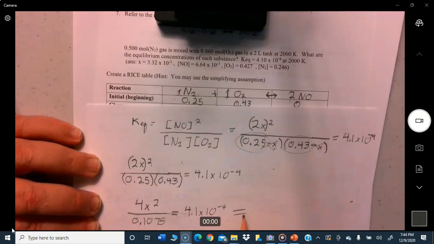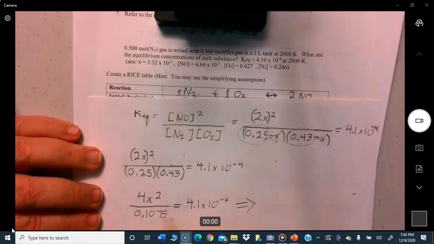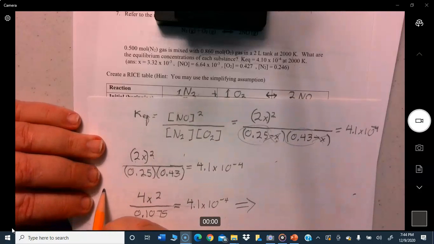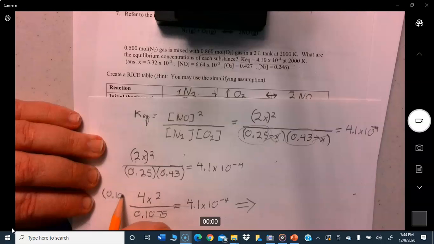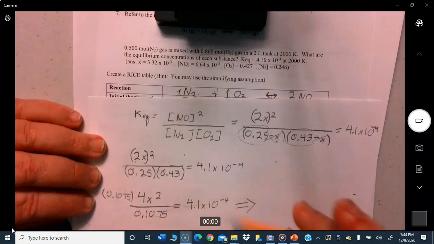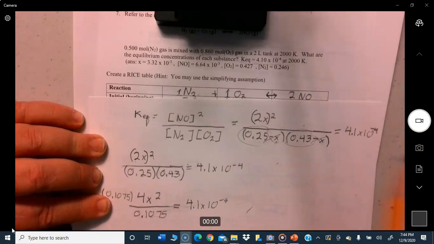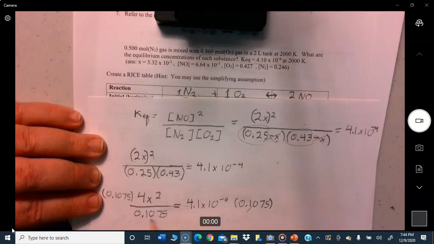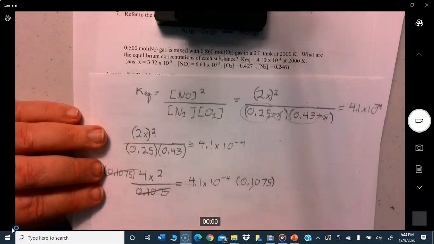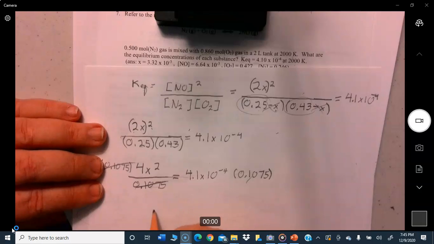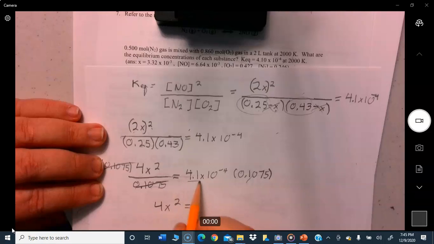Okay, I'll just continue my calculation over here. So I'm going to multiply both sides by this. So these cancel. Alright, so we have 4x squared equals, and we're just going to multiply the 4.1 times that.